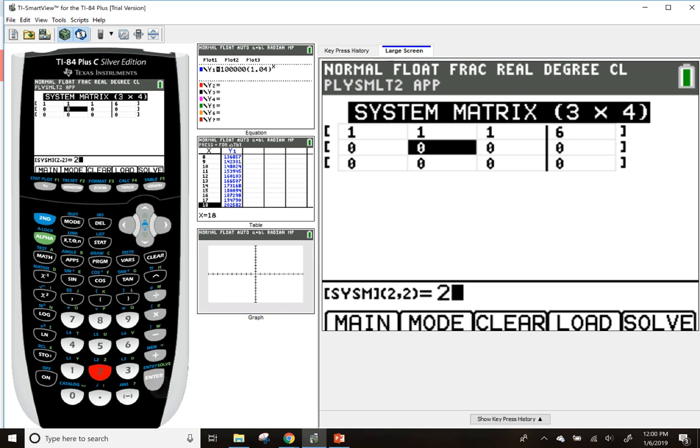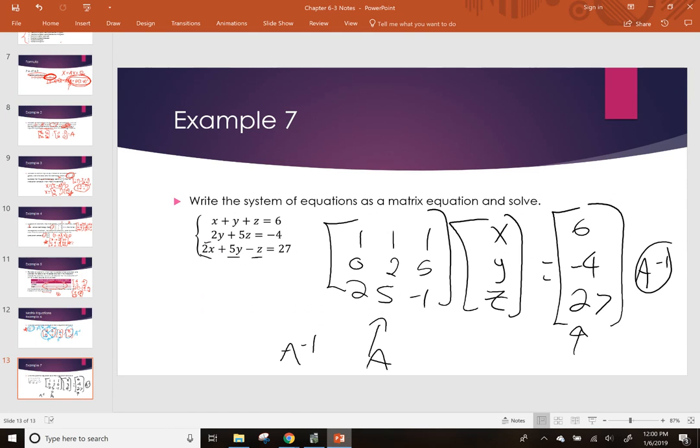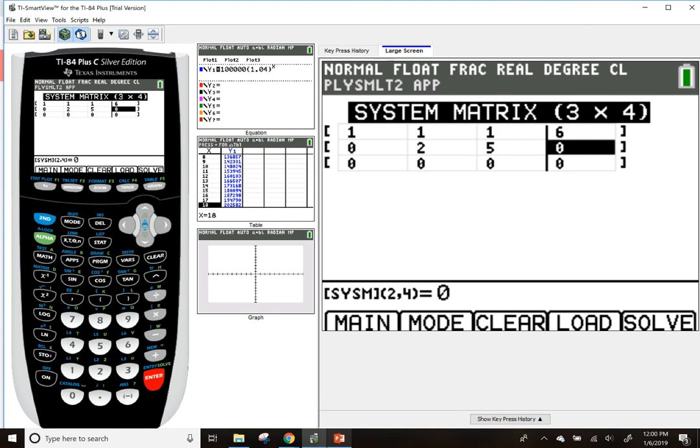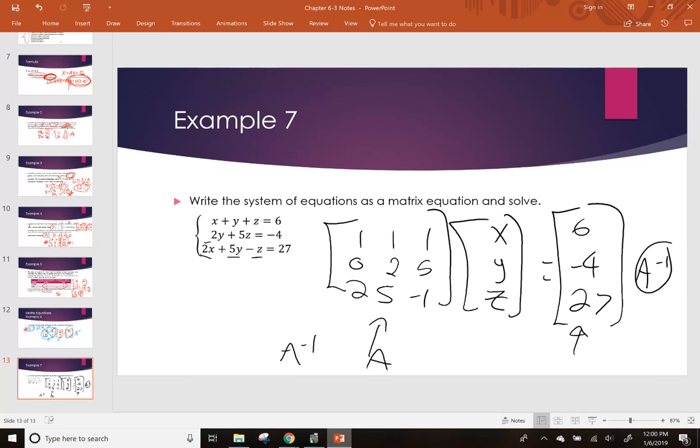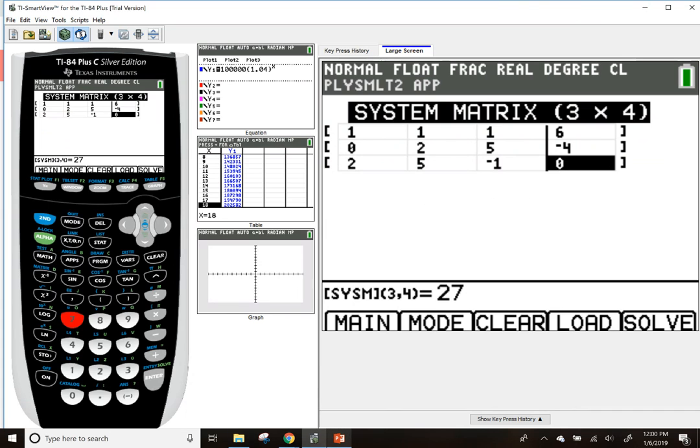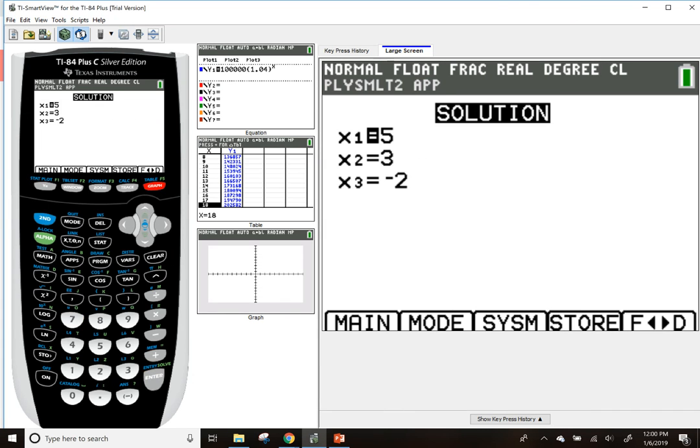Oops, not 2, 25. 2, 5 equaled -4, and then 2, 5, -1 equaled 27. All right, and we solve it. It should be the same values, 5, 3, and -2.